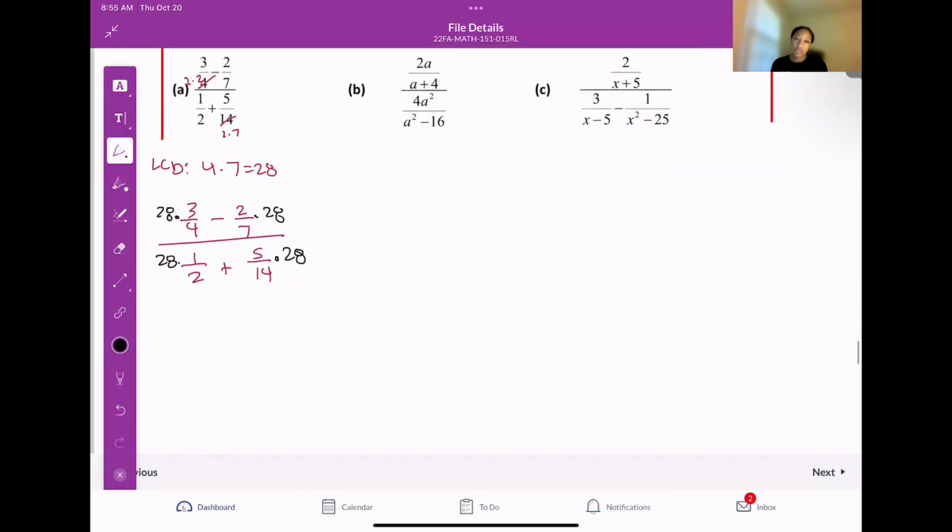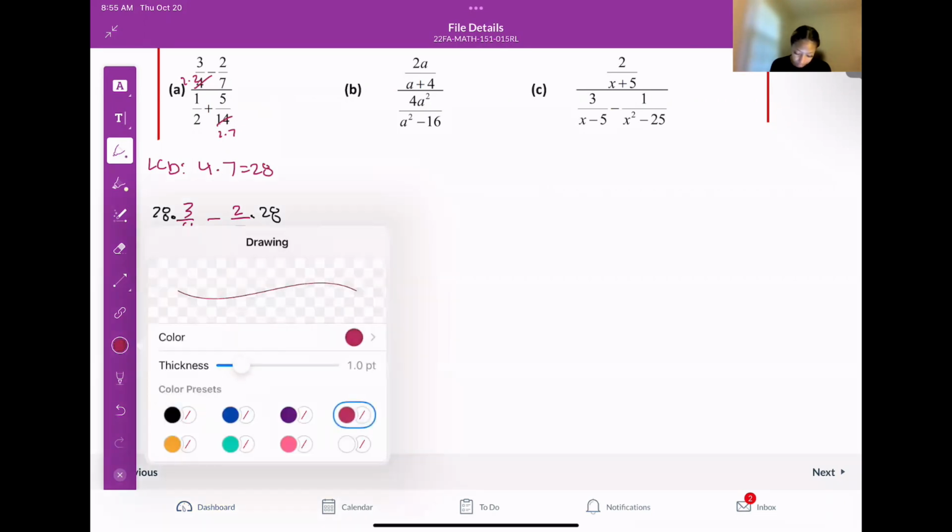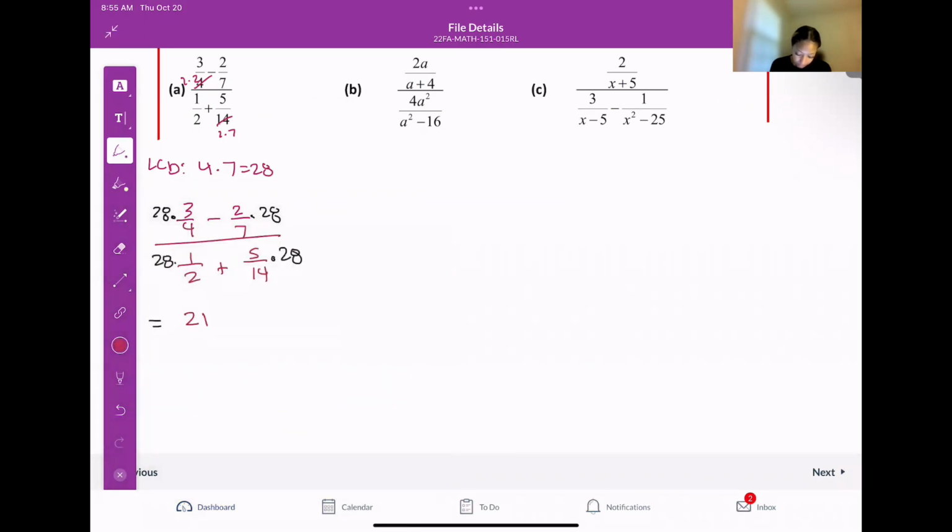When we do this, our denominators should cancel out. 28 divided by 4 is 7, and 7 times 3 is 21. So this first term at the top becomes a 21. And then 28 divided by 7 is 4. 4 times 2 is 8. So we get 21 minus 8 in the numerator.